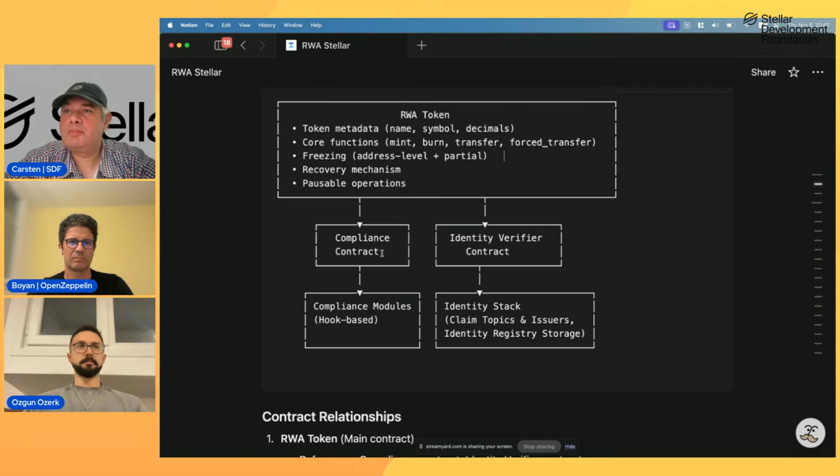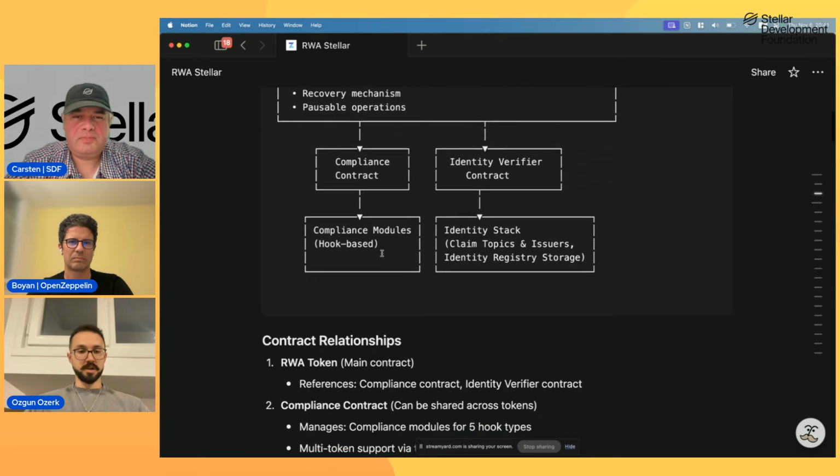This is mostly for hooks, pre- and post-hooks for the operations. And this exists mostly to allow organizations or governments, etc., to embed their own business logic into transfer, mint, and burn operations.